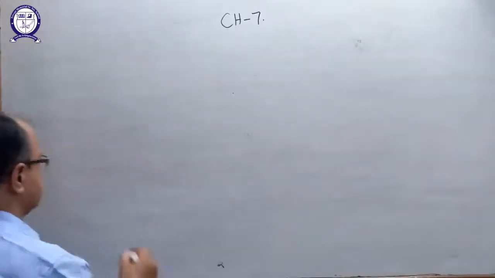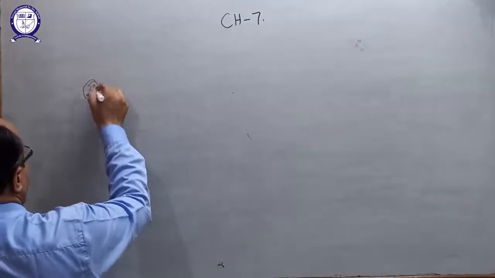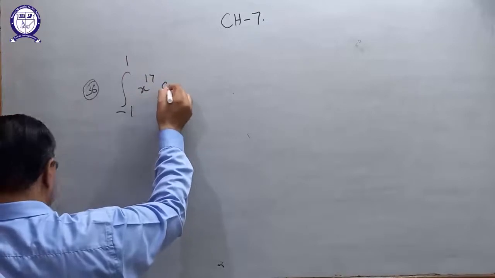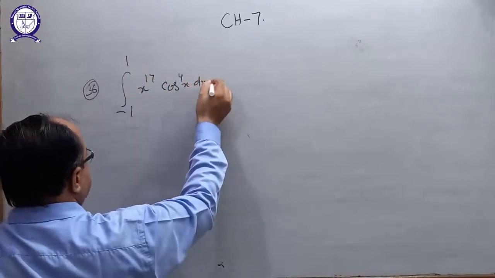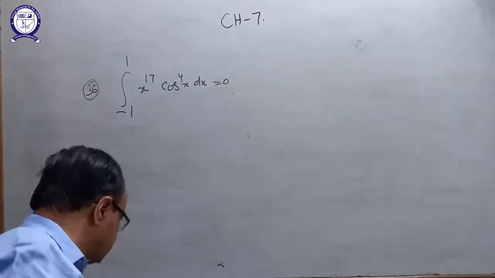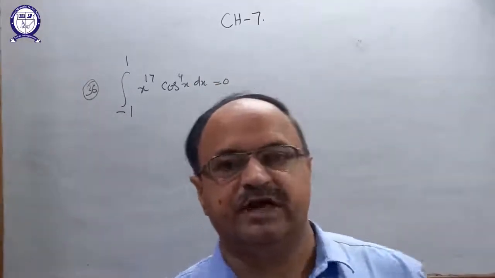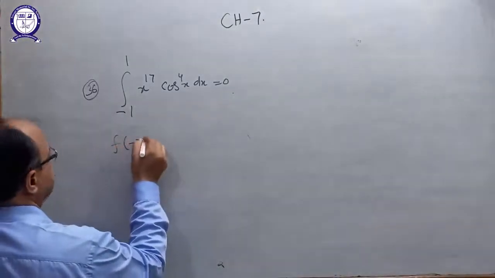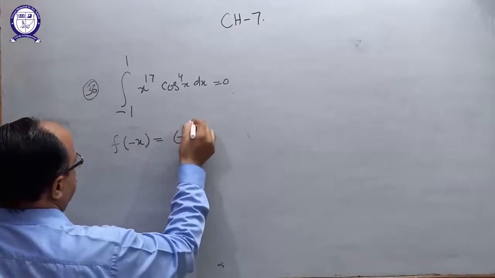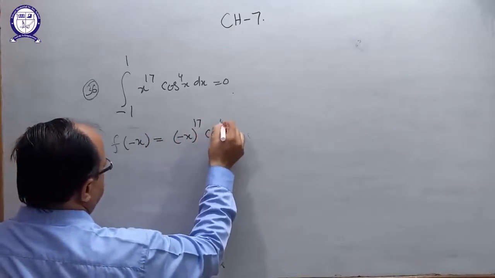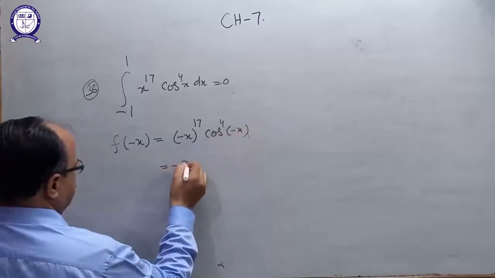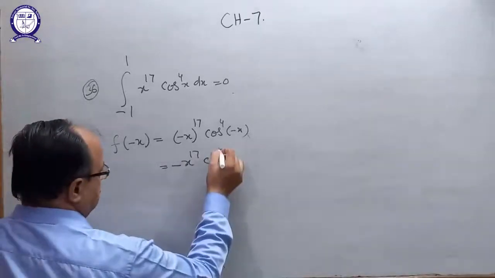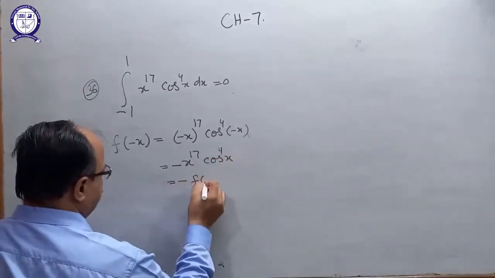Next question number 36. Integration minus 1 to 1 x to the power 17 cos to the power 4 x dx. Prove that this is equal to 0. Minus 1 to 1, you can apply property P7. F of minus x is minus x to the power 17 and cos to the power 4 of minus x, that is minus x to the power 17 and cos x, that is equal to minus f of x.